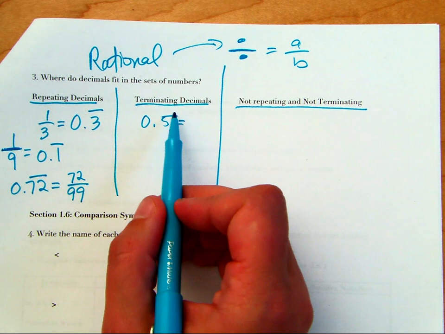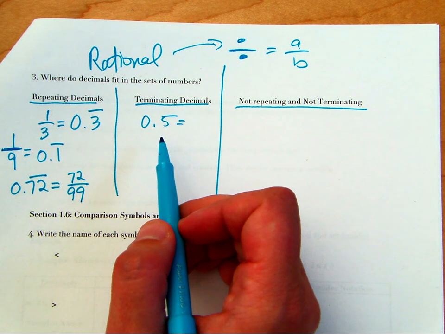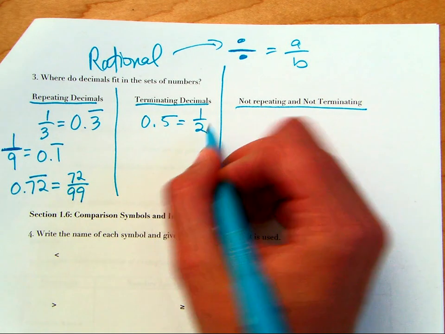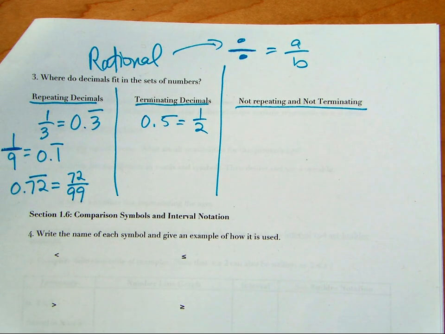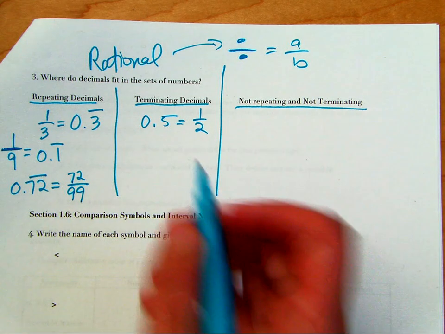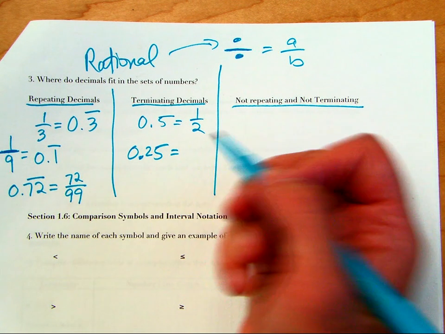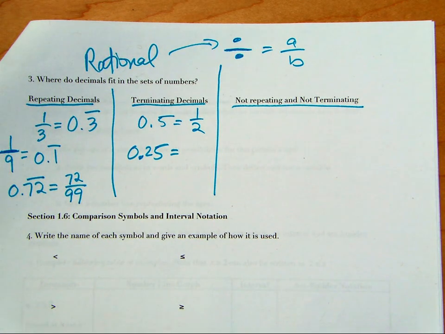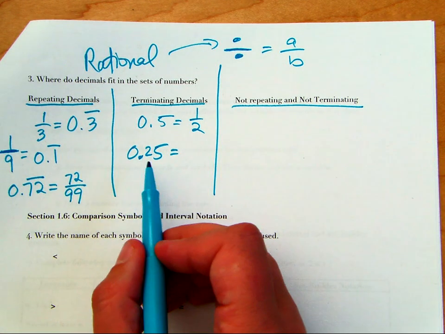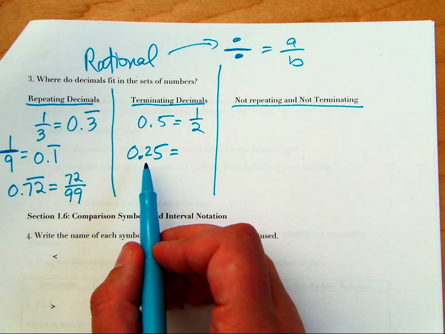How do you actually take this and make it equivalent to 1/2? We know it's 1/2, but how do you make it so? How do you take any decimal and make it into a fraction? Does anyone know? Yes? So you actually have to think about the place value.